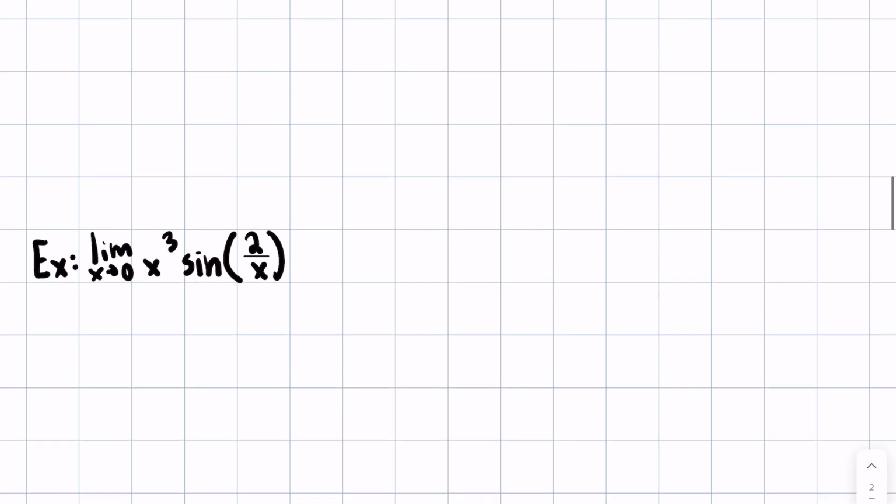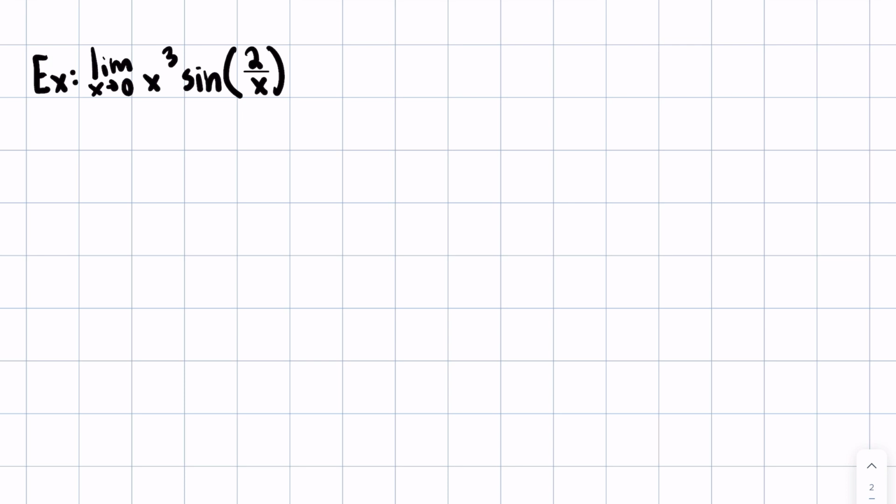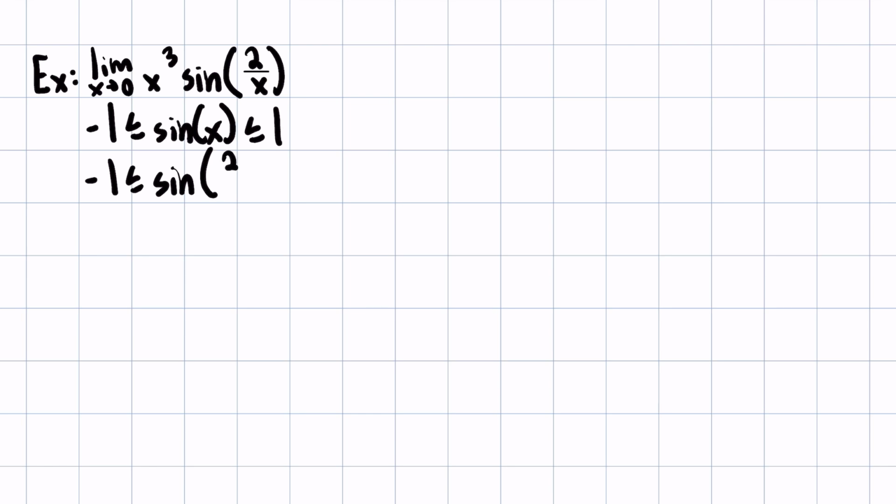And then here's a similar one, but with sine. So we know that the sine of x is going to be sandwiched between -1 and 1. Turns out that whatever we put in the parentheses for the sine doesn't matter. This inequality stays the same. And so now we just need to multiply by x cubed, and then our middle part looks how we want it to.